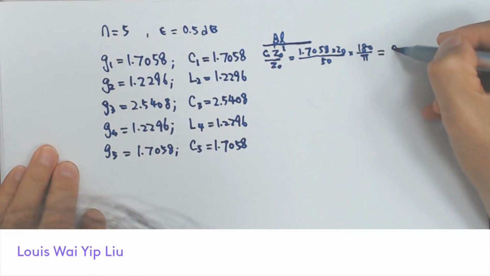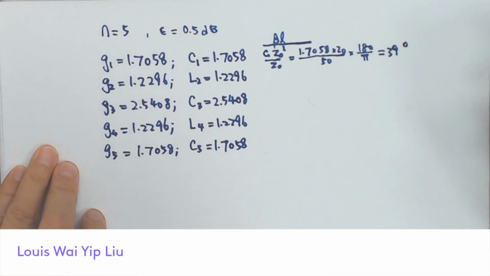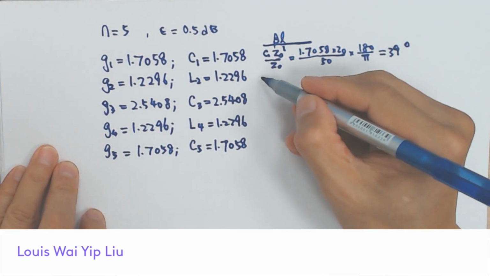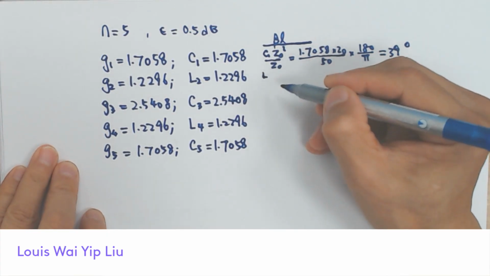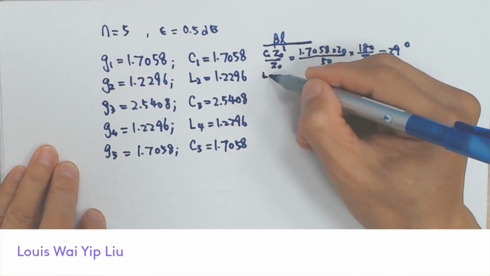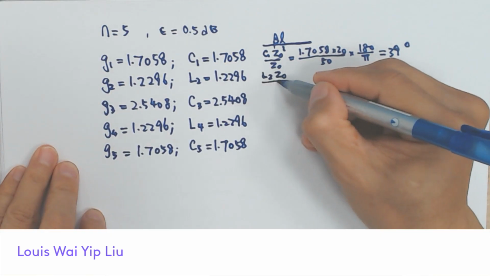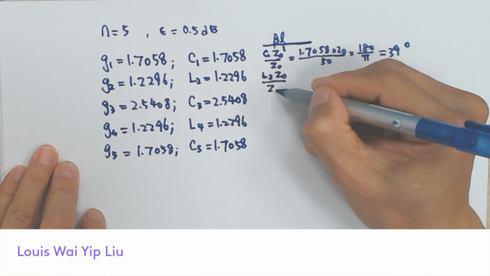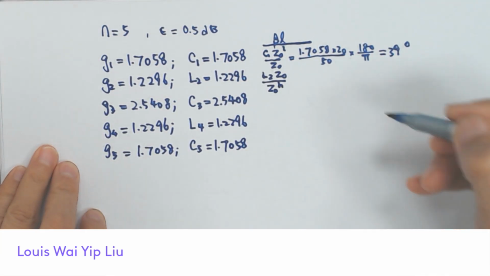According to my calculation, it is 39 degrees. And this one is an inductance, so we need to use the formula L times Z naught divided by Z high.